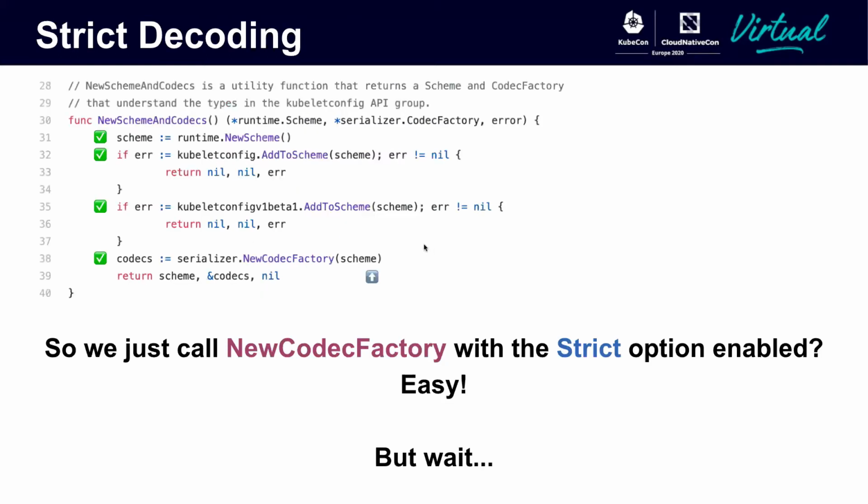All right, so we have everything covered. We have the scheme. We have the versions we need, the internal version and the external version, v1beta1 in this case. And we have the codecs, which we can use to actually convert and load the file.